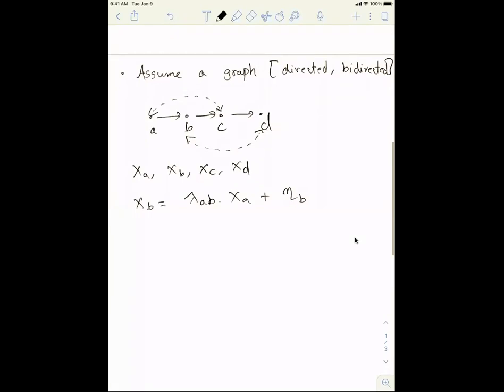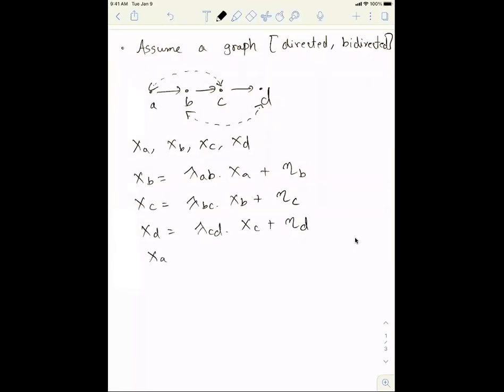Likewise, xc is lambda bc times xb plus some noise, and xd is lambda cd times xc plus noise here, and the variable xa is just the noise eta a.